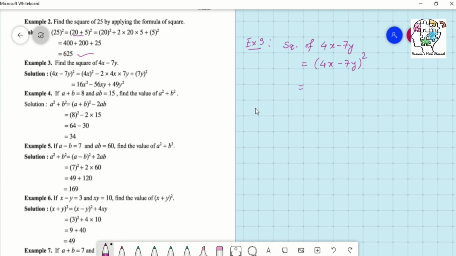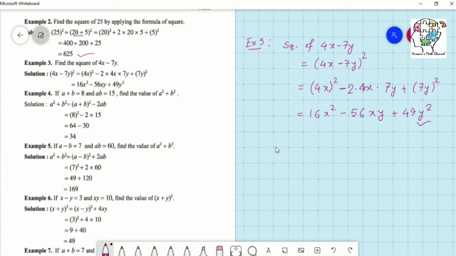Then if we put 4x as a, we get a squared, and then for this minus, the formula has a minus, and then 2 times a times b, meaning 7y, and then b squared means 7y squared. So we write 4 times 4 is 16x squared, minus 4 2s are 8, 8 7s are 56xy, and then 7 7s are 49y squared. So this is the answer of example number 3.